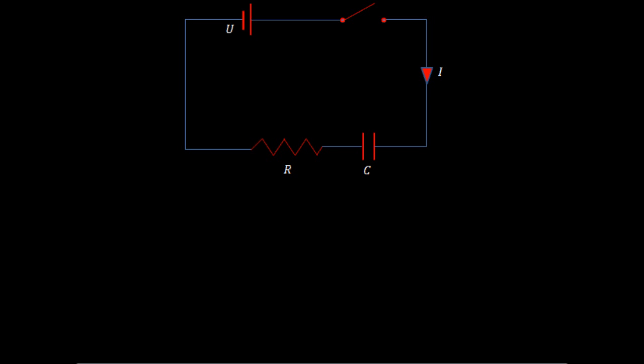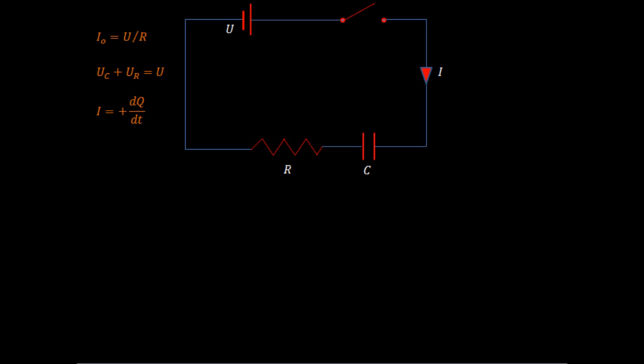So this is our circuit. We have a voltage source, we have a switch, we have a resistor and a capacitor. And as you know, they have certain characteristics. We're going to be looking at a particular situation when we have first time equals 0. So we're just going to close the switch.